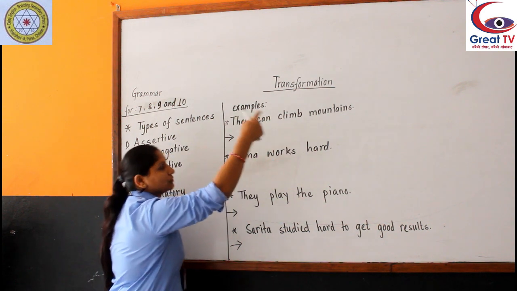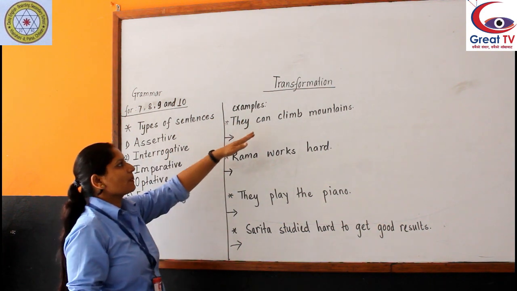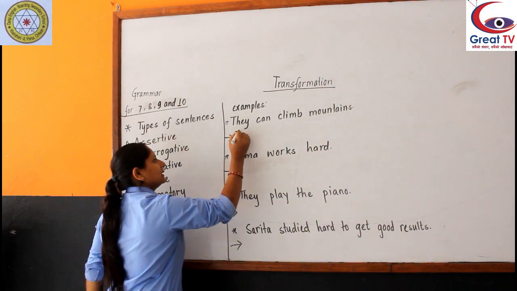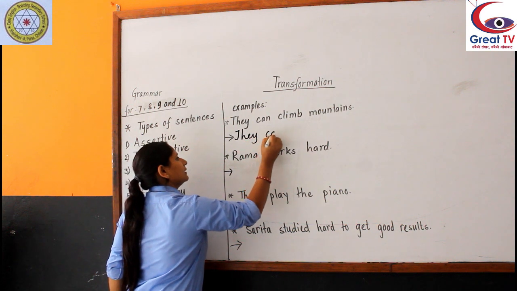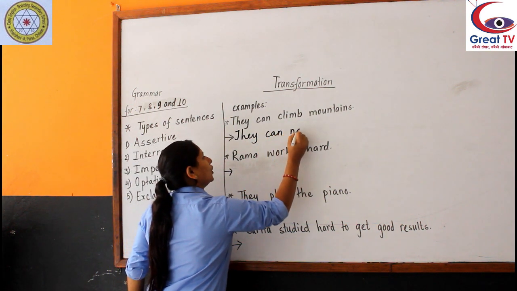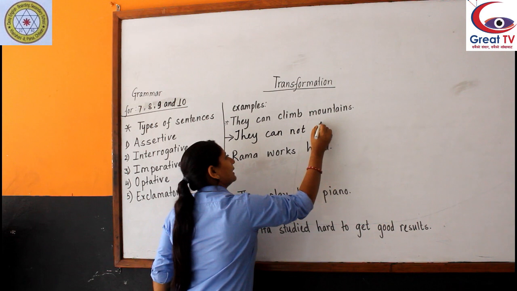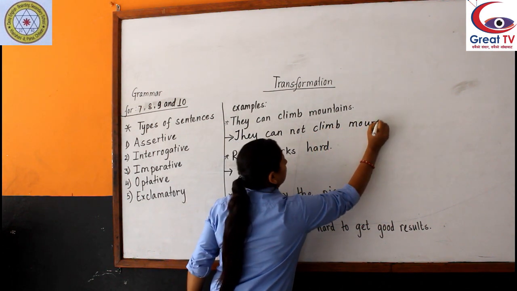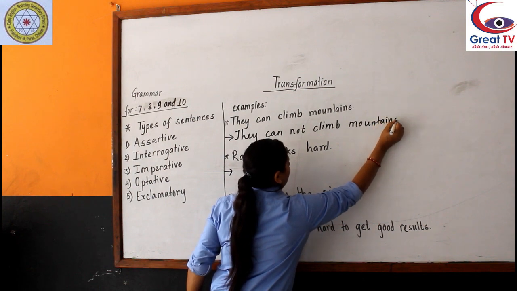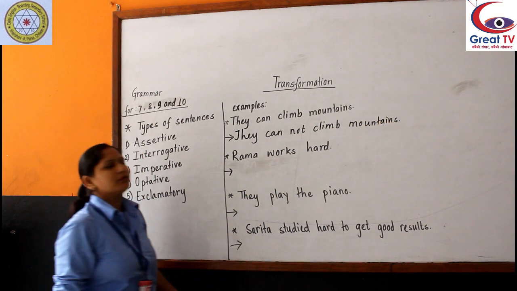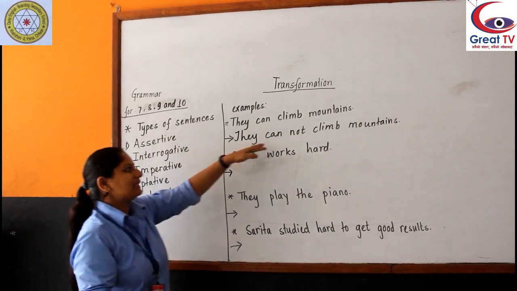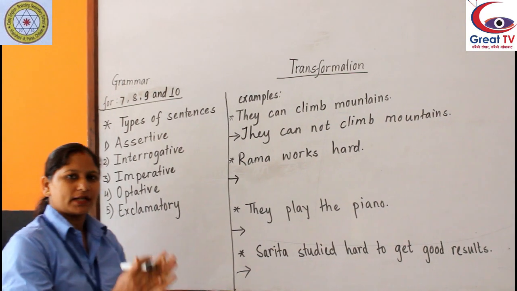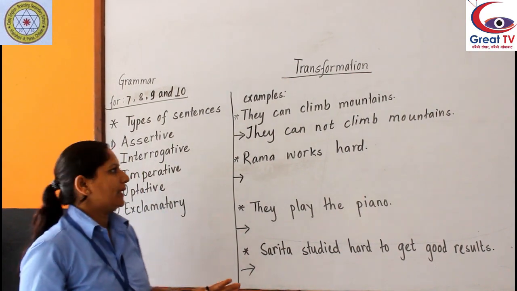Now to change it into a negative sentence, just add not after the auxiliary verb. They cannot climb mountains. Or you can also write they can't climb mountains. Either in contracted form or in expanded form, no matter.